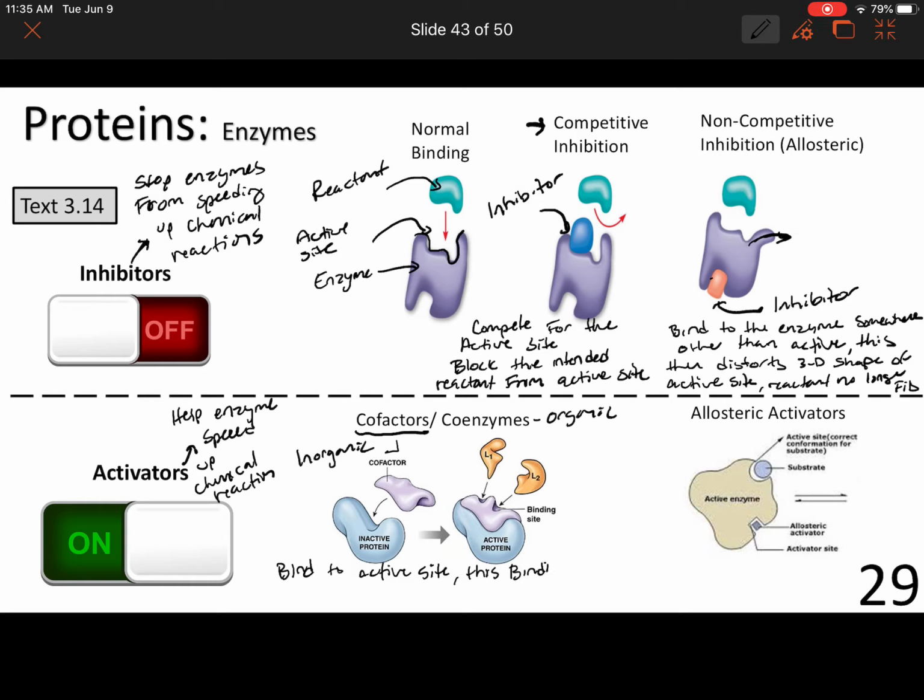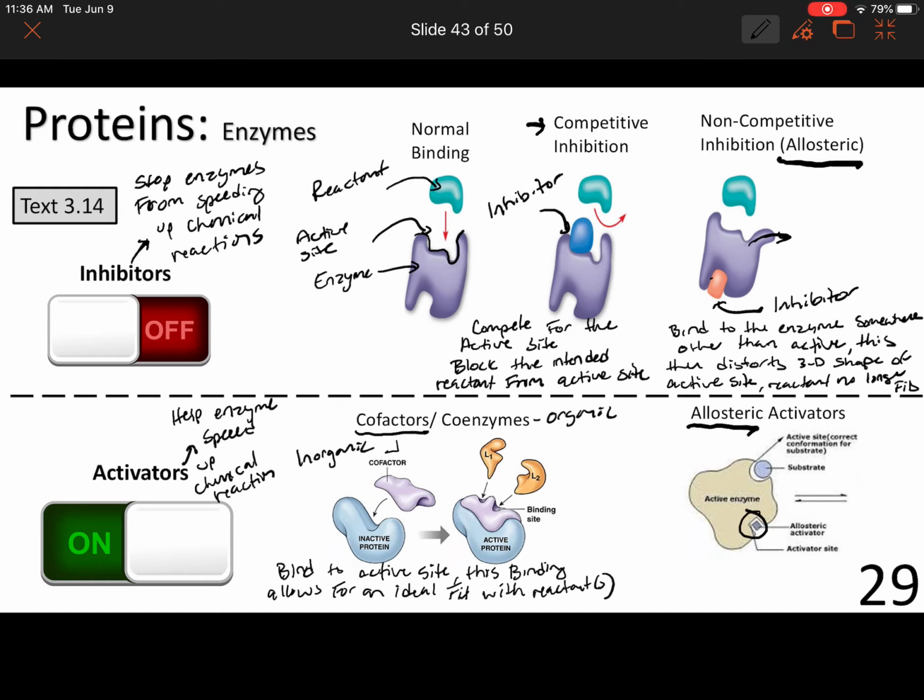They are molecules that bind to the active site. This binding allows for an ideal fit with the reactant or reactants. So the cofactor or coenzyme is facilitating the binding of the reactant to the active site. It's making it fit well into that space, and so it's necessary for the enzyme to speed up the reaction.